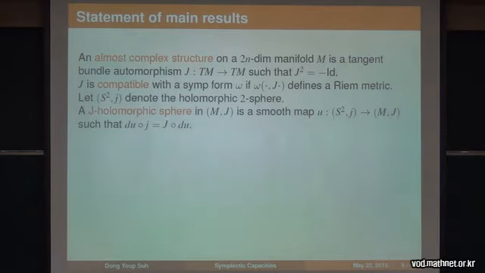So let's say S2 with J denotes the holomorphic two-sphere. So S2 with the almost complex structure J, and let's say this is a holomorphic two-sphere. So this almost complex structure is integrable, so this comes from a complex structure. We say a J-holomorphic sphere in (M,J) is a smooth map from (S2,J) to (M,J).